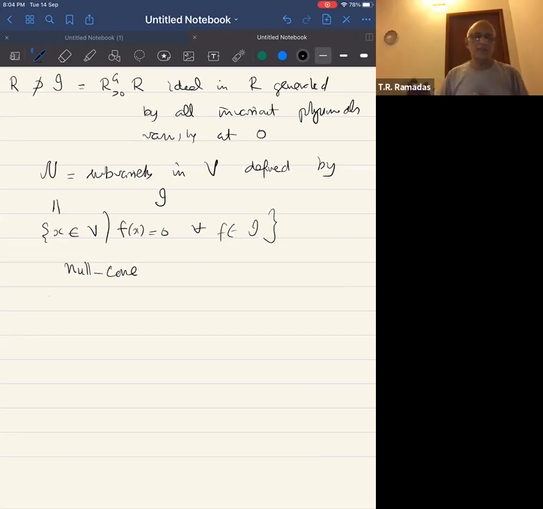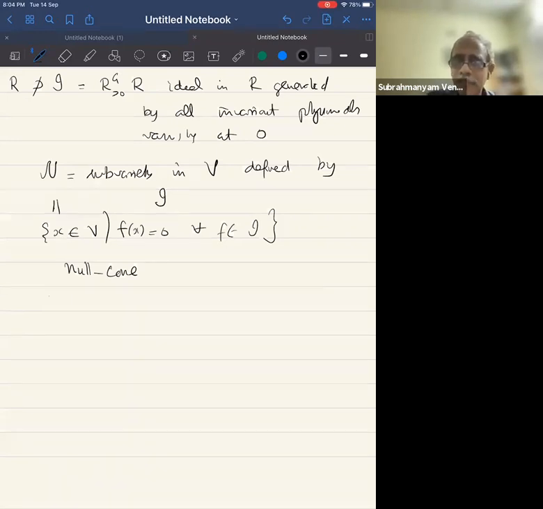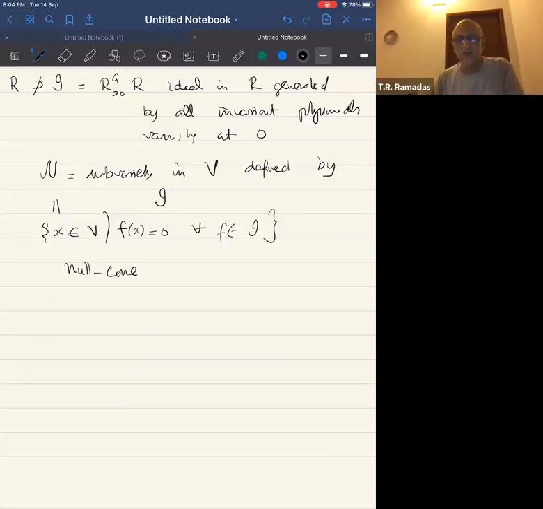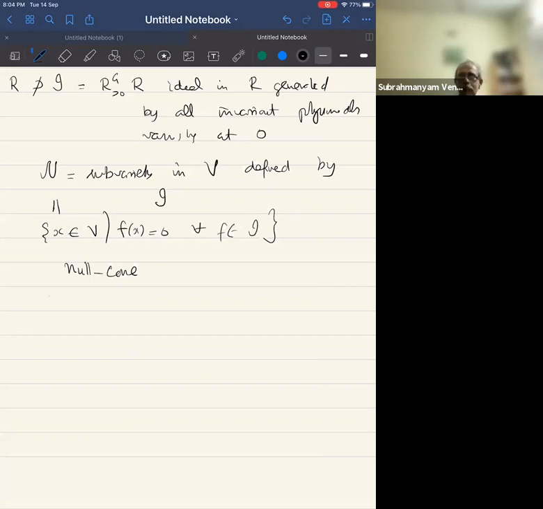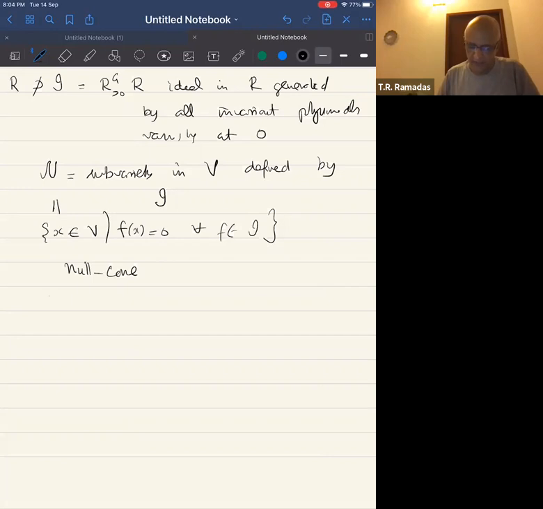It is defined by the vanishing of all invariant polynomials. It may not be a radical ideal, is that the issue? It need not be a radical ideal. Then the nilpotent cone need not be reduced. But that is not the reason I hesitated. I don't know why I hesitated. Sorry. N is indeed defined by the vanishing of all invariant polynomials. It is a set of points. Thanks.